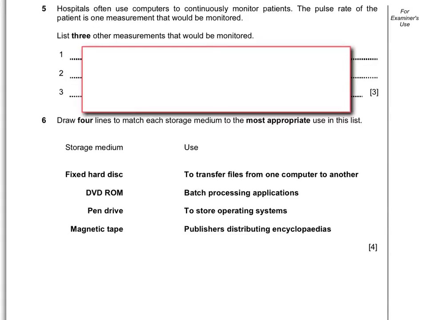We have a blood pressure sensor, so the pressure of the blood circulating. We have glucose level. If you're diabetic, you can quickly check how much sugar there is in your body. Rate of respiration, and level of oxygen in the patient's blood. So these are the type of measurements that you would get in a hospital.